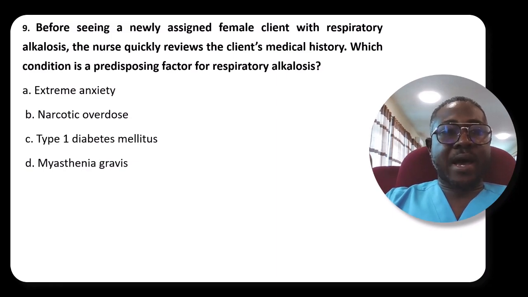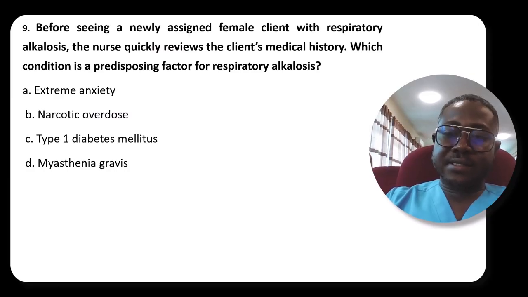B. Narcotic overdose. C. Type 1 diabetes mellitus. And then D. Myasthenia gravis. So what is the correct answer here? Is it A, is it B, C, or D? The correct answer here is A.